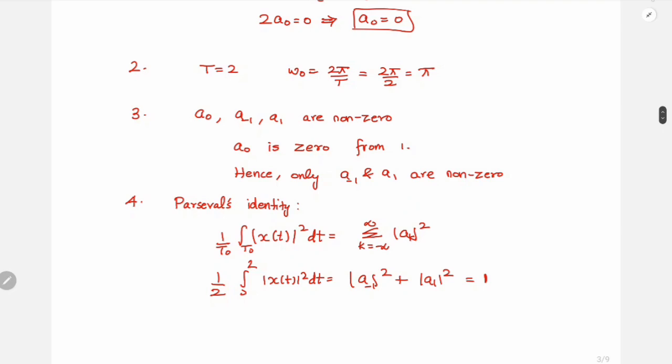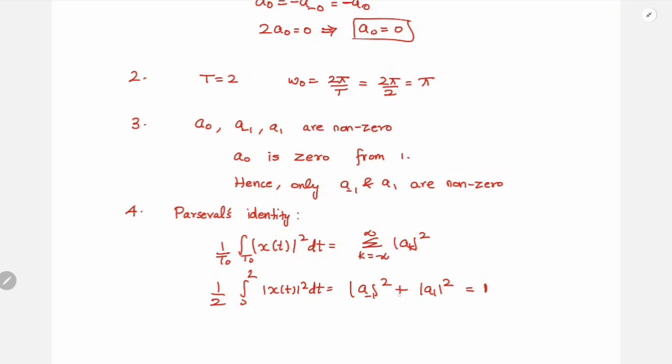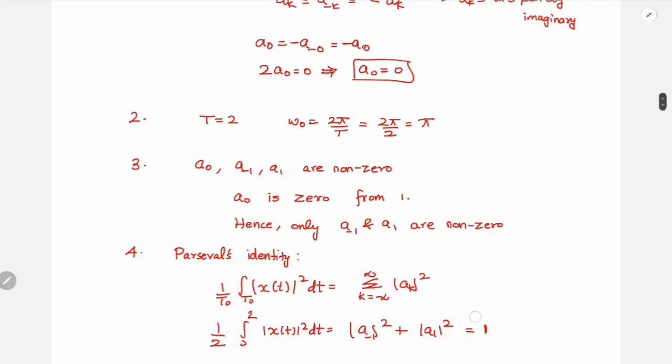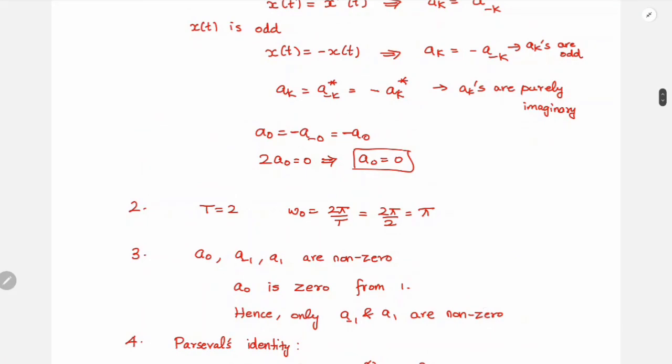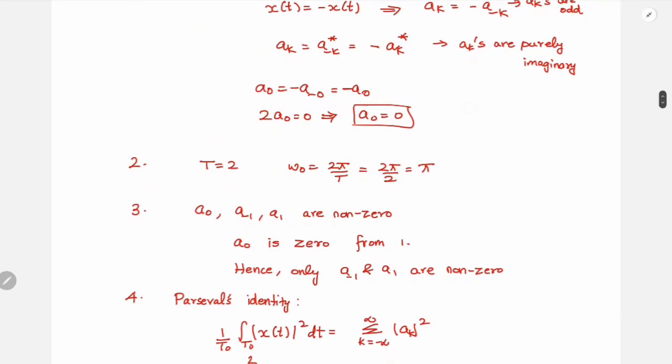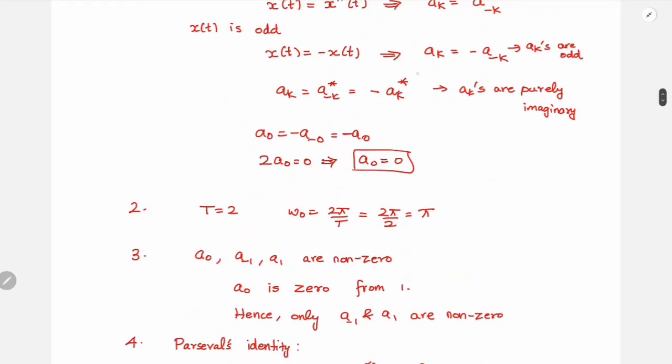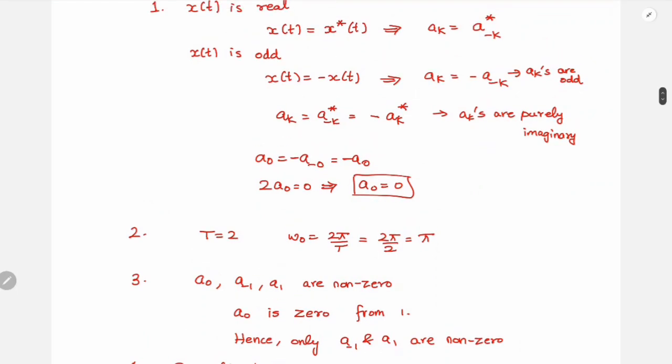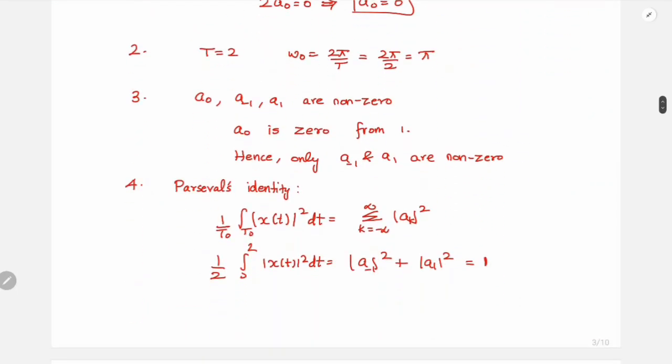Okay, let me take a new page. So we know a1 is purely imaginary, right? And we also have a1 is equal to minus a minus 1, because it is odd. So mod a1 is equal to mod a minus 1.